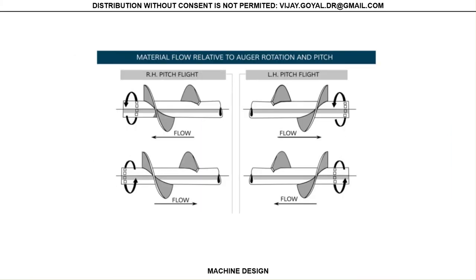This is what that type of screw will actually do. The direction of rotation tells you which direction the flow goes. So this is rotating in this direction, the flow is going in this one. And if it's rotating in the opposite direction, it's going in the opposite direction. So you can kind of understand how this works in right hand or left hand side.